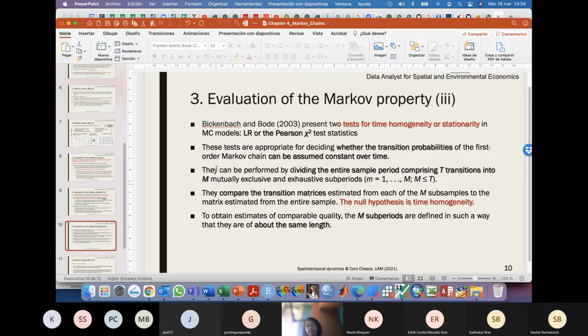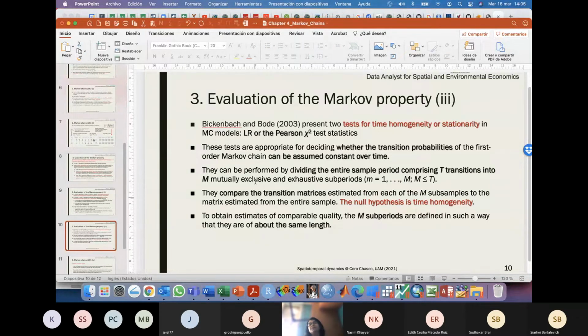What both tests do is divide the entire sample period of T transitions into M. So M is the complete set of transitions, our 8 decades in the Chilean case, in the example. And what we do is consider subsamples of these periods.